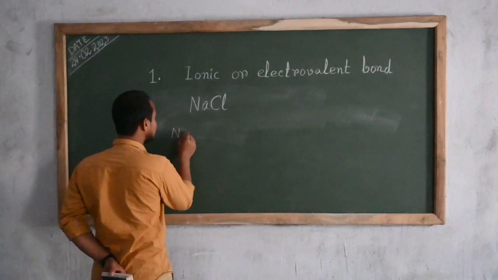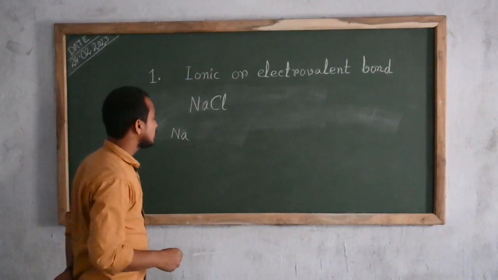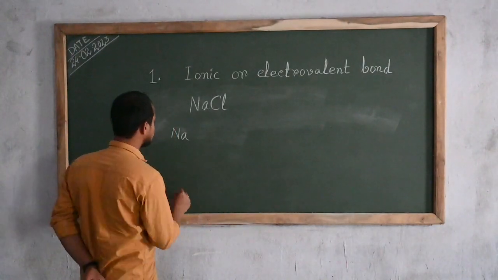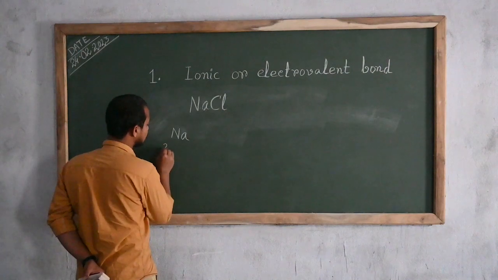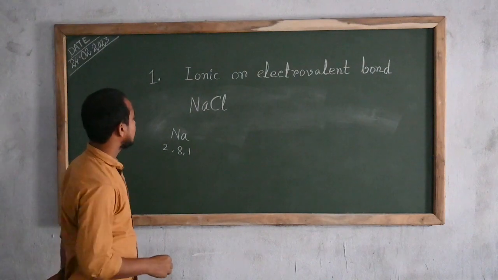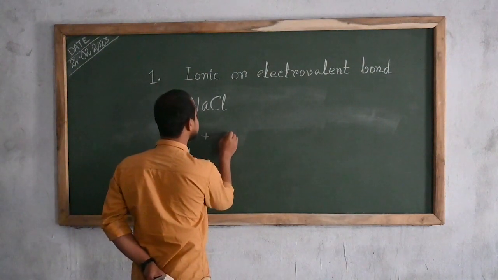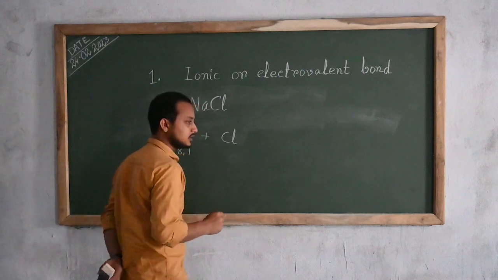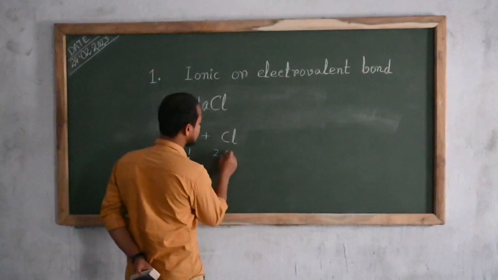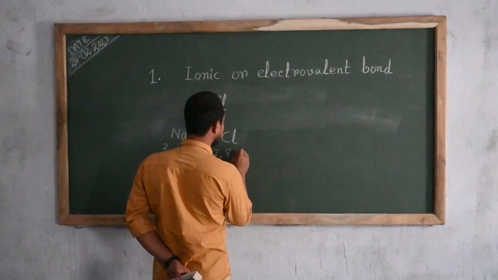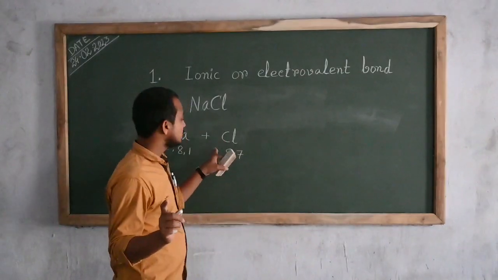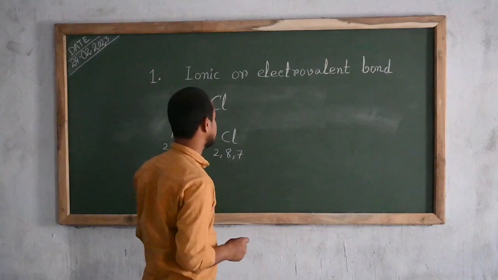Na has atomic number 11, and its electrons are occupied in 3 shells like this: 2, 8, 1. Cl has atomic number 17, and its electrons in the 3 shells are 2, 8, 7.